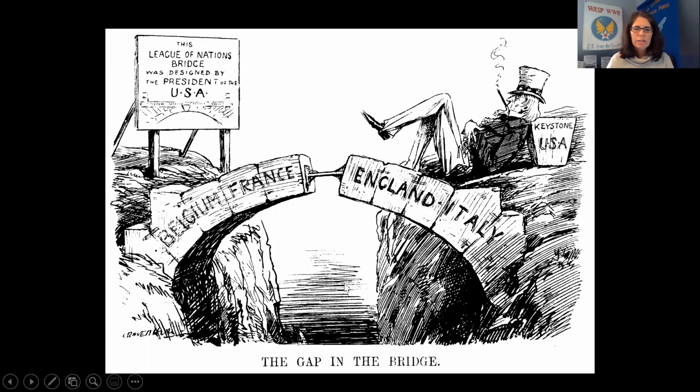And of course, the United States walks away, right? The League of Nations idea, the bridge here, and the United States sitting on the keystone and saying, nope, not gonna do it. Not gonna be a part of this conflict, because they can see that nothing has really been solved.